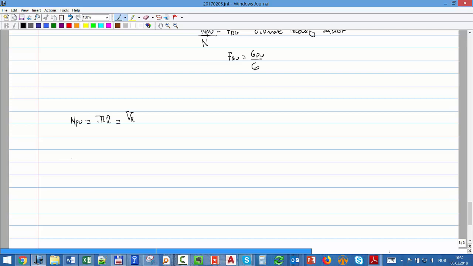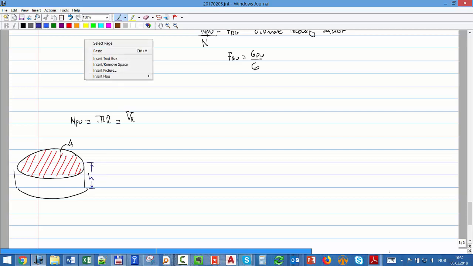We say we're approximating maybe a reservoir like a cylinder, where I have an area at the top and it has certain thickness. So in that case my rock volume will be just area times the H, right?